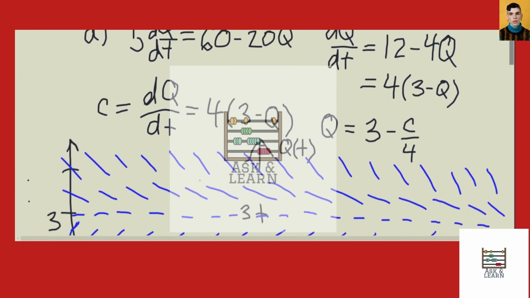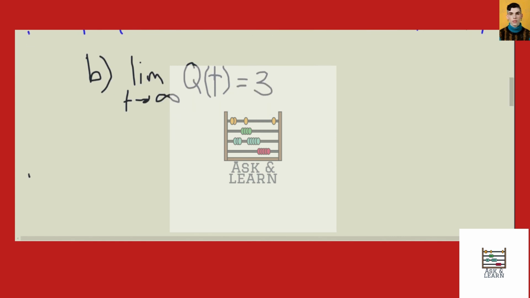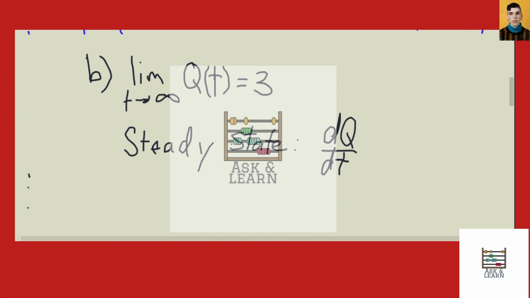Alternatively, another way to find this is we're assuming that we reach a steady state, which implies that the change in the charge over time eventually is going to be 0. So we have the limit of this as t approaches infinity is going to be 0.